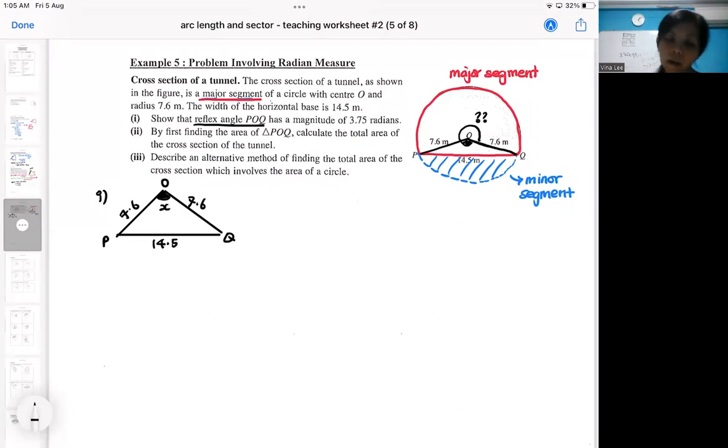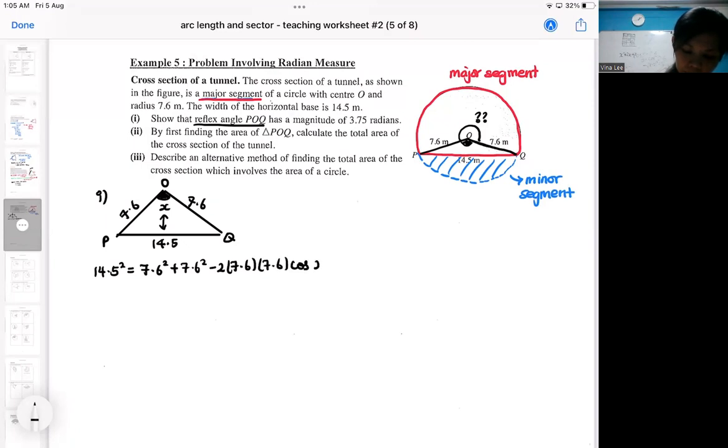One way of getting X will be doing a cosine rule. You can try out the cosine rule, but when you try it, please make sure your calculator is in radian mode. You go and give it a try to see whether you can find it as 3.75 radian.